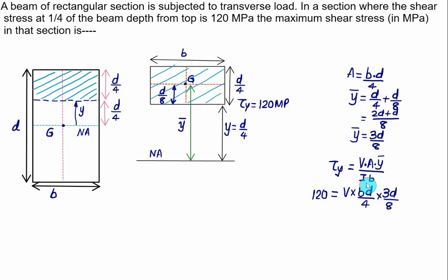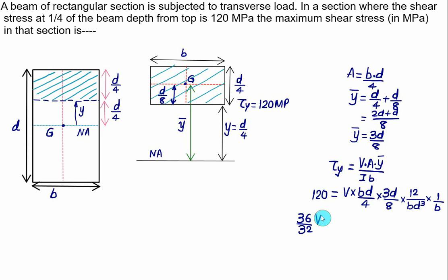Then we have I in the denominator, so we have b d cube divided by 12. So 12 will shift to the numerator. Further it is divided by b, so a number of terms will get cancelled. So we have 3 into 12, which is equal to 36, and 4 into 8, which is equal to 32. So we have 36 by 32.